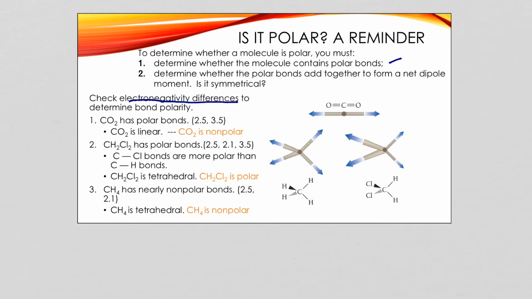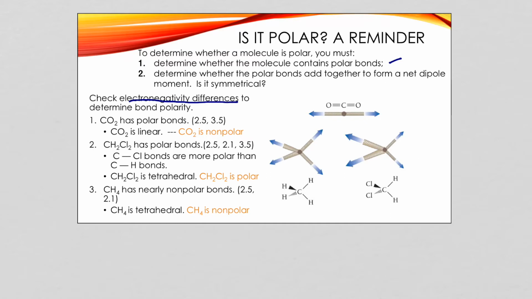If that electronegativity difference is 0.5 to about 2, that gives me a polar bond, and that's one criterion.